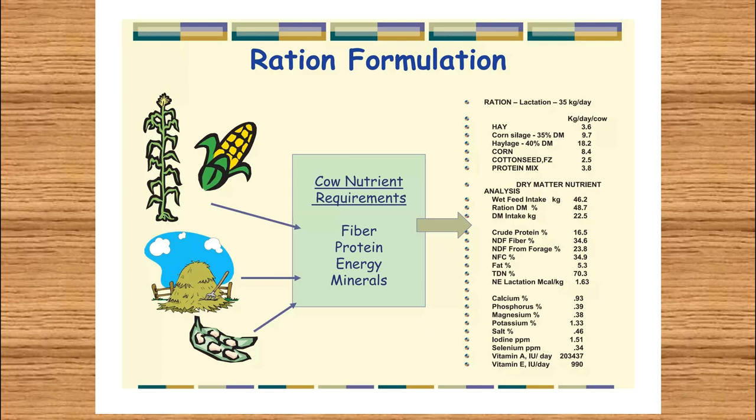Apart from this, a special protein mix can also be added to the total mixed ration. Then in the dry matter analysis, the as-fed intake total is 46.2, whereas the dry matter percent on the ration is 48.7. So total dry matter intake is becoming 22.5 kg per day.